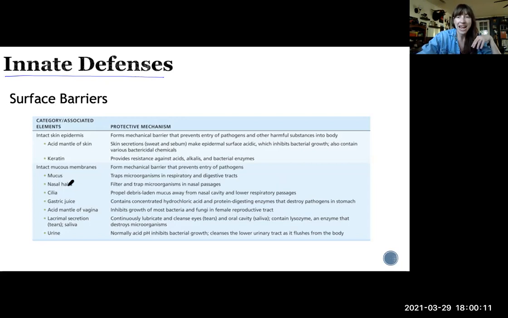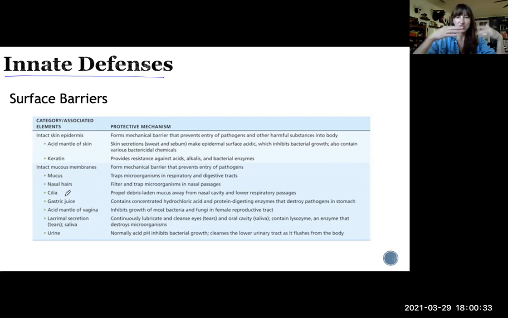Your nasal hairs, in addition to the mucus in your nasal cavities, also help to trap stuff and allow it to stop before it gets into your lower respiratory system, and basically give the mucus a chance to catch it and sweep it out.